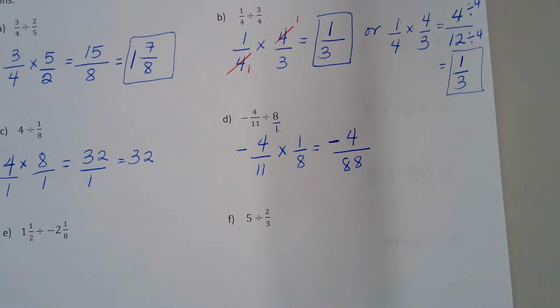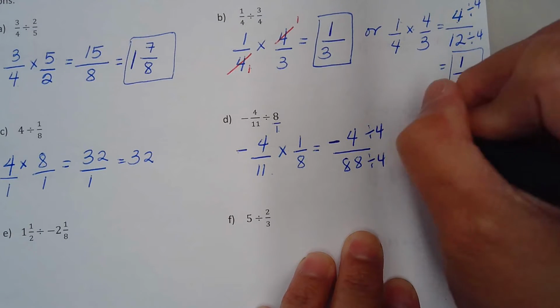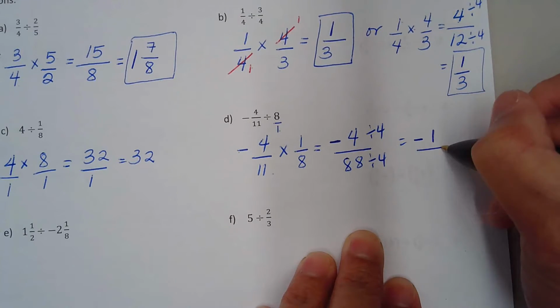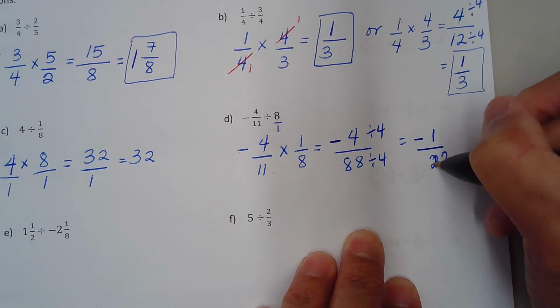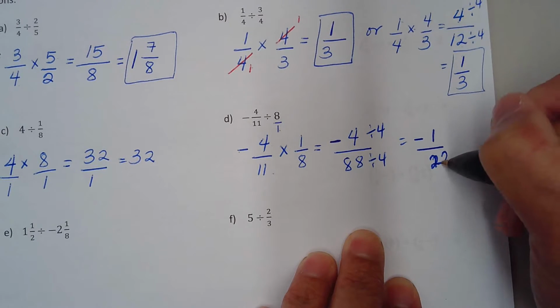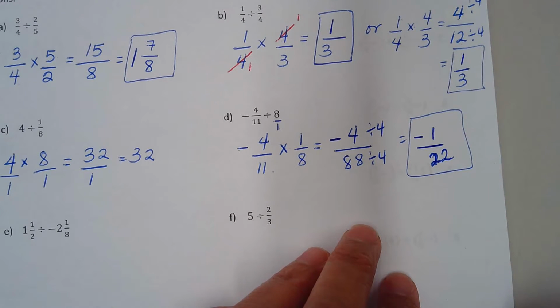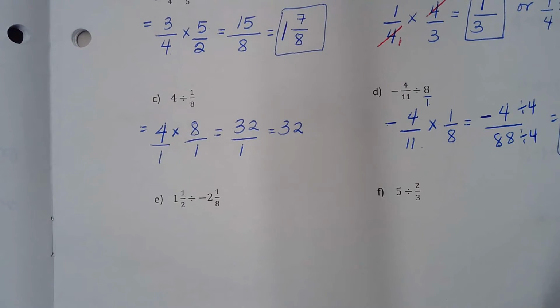Yeah, we can reduce by 4, divide by 4. So that's going to give us negative 1 over 22. So far, so good? Okay.